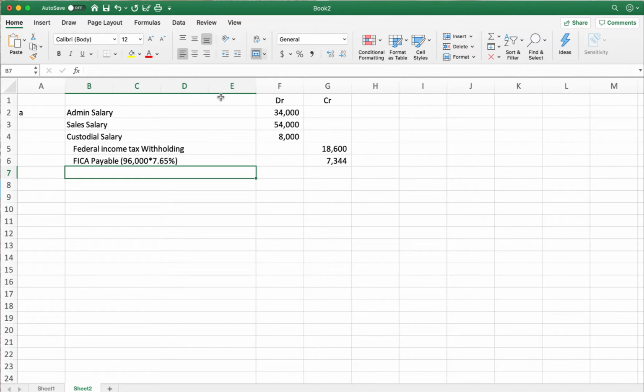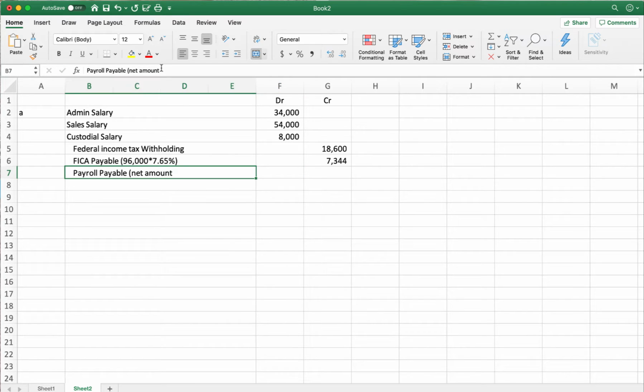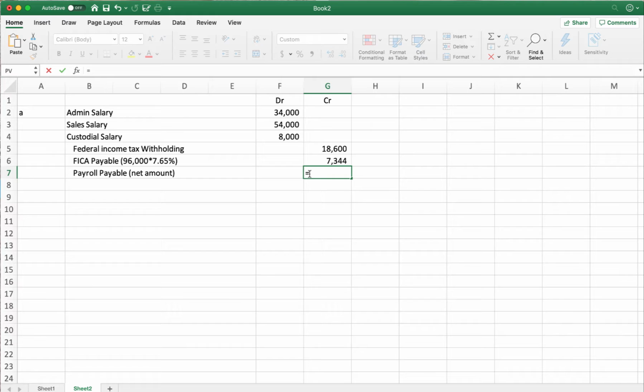Okay? Then the next thing that we need is our payroll payable, right? Meaning, how much do we owe our employees? How much are we going to pay out? This is the net amount. Okay? So to figure that net amount out, we need to add up all of our total salaries, which we know is $96,000.